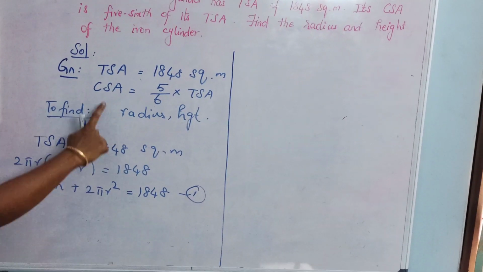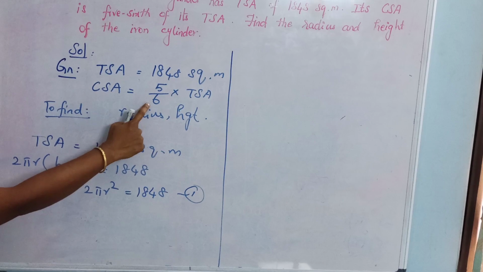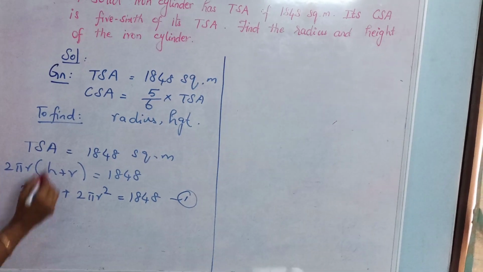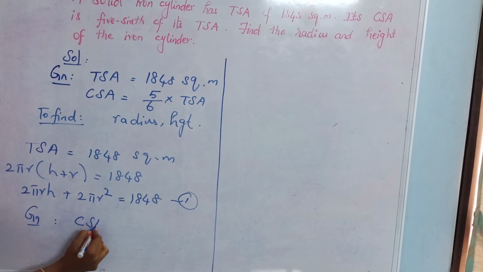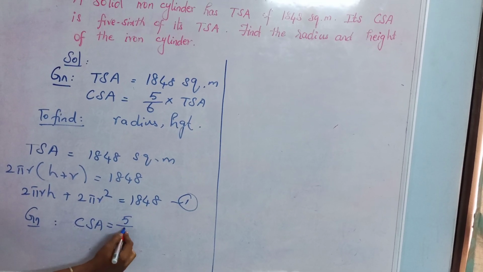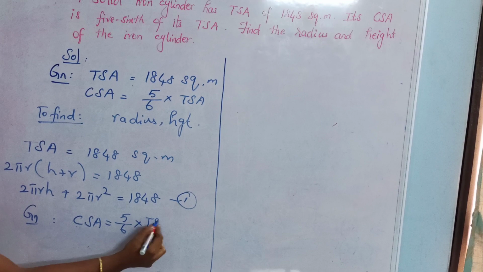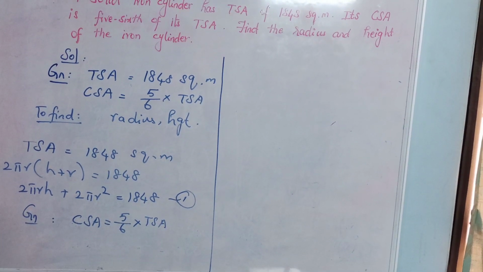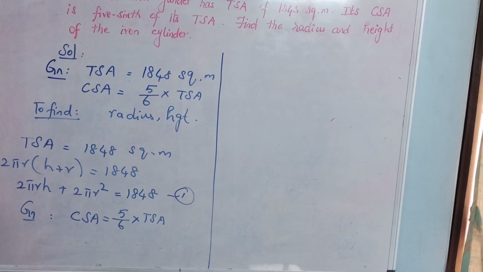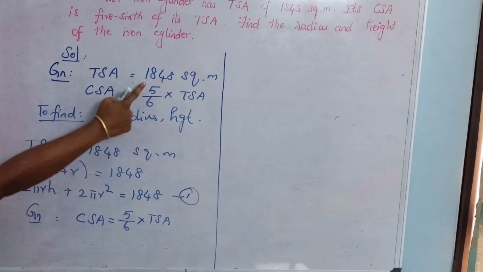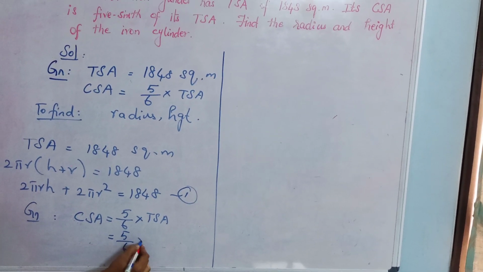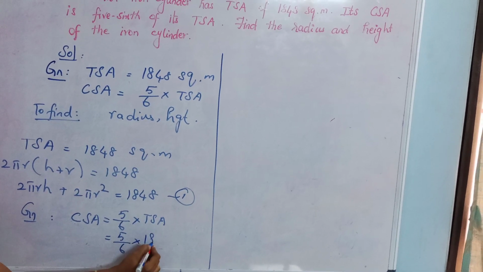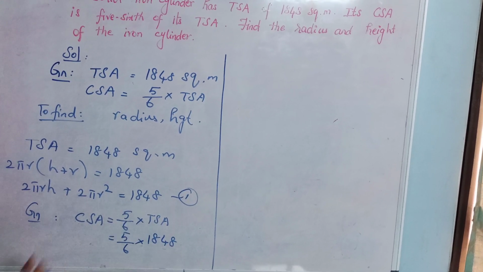Now CSA is 5/6 of total surface area. Let us take this given condition: CSA equal to 5/6 of TSA. Now we have to substitute the value for TSA which is already given in the question. So this becomes 5/6 into 1848.